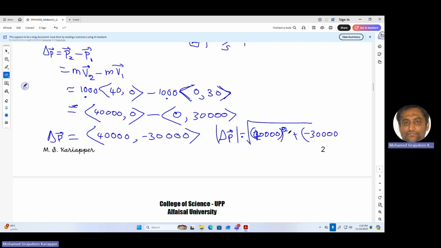And you know, this is like the Pythagoras triplet. They call it 3, 4, 5. So if it is 3, 4, you know it is 5, right? 25, so square root of 25 is 5. So instead of 3, you have 30,000. So it will be 50,000.